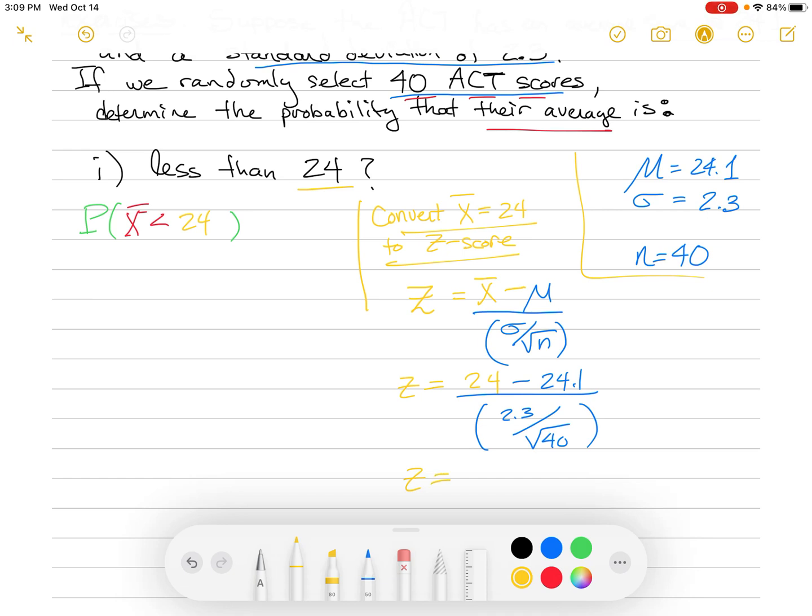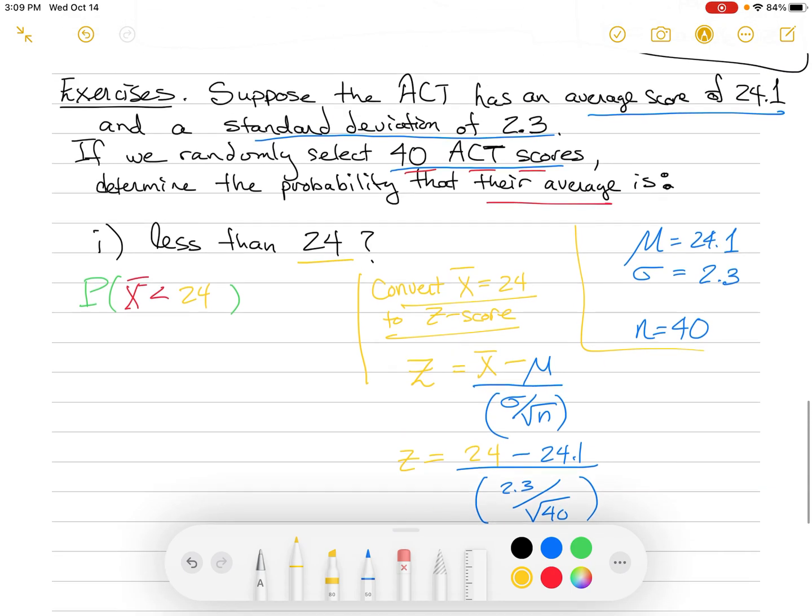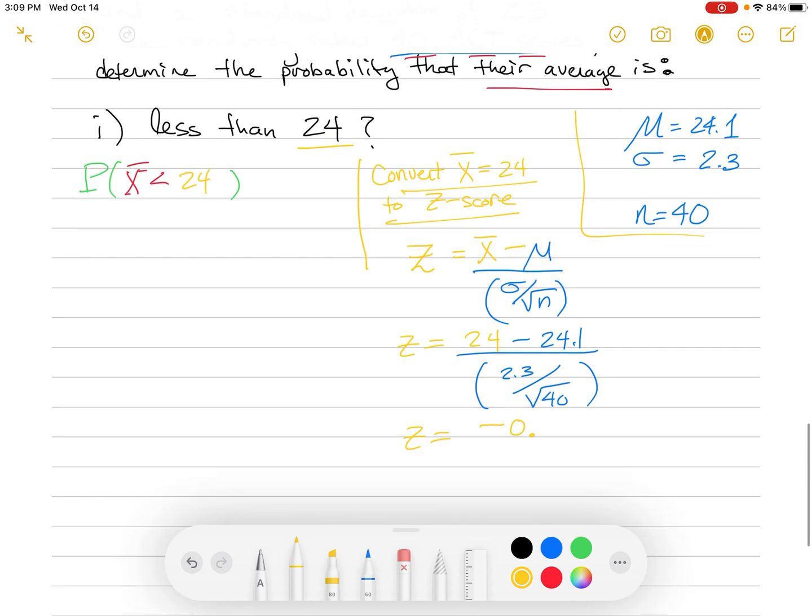So if you put this in your calculator, on top you have 24 minus 24.1 is minus 0.1. And on bottom you'll have, make sure you have parentheses, 2.3 over the square root of 40. So you want parentheses around that on bottom. So let's see, what do we get? Plug that in my calculator.